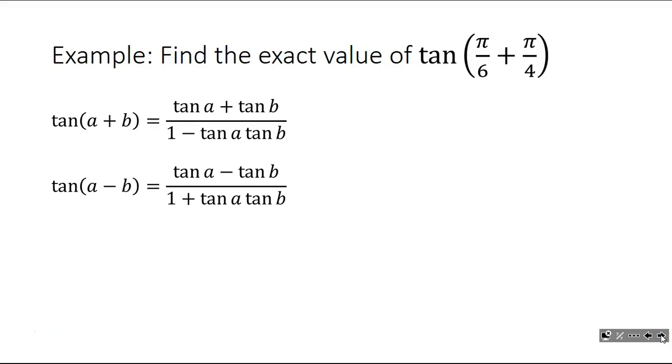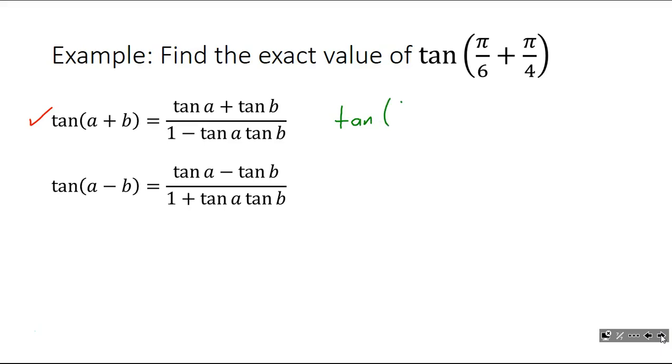All right, so here, I figured let's do a problem where the angles are given in radians. So let's find the exact value of the tangent of pi over 6 plus pi over 4. We're adding there, and so in this case, it will be the first of the two formulas that we'll want to use. So let's go and write that one out.